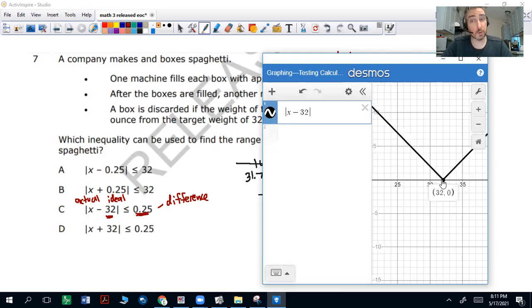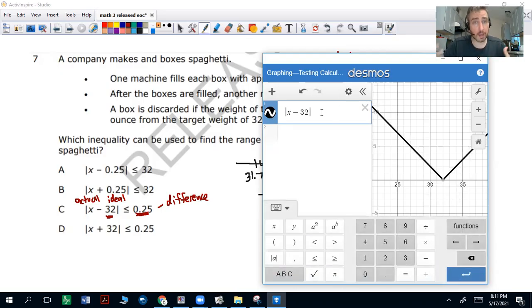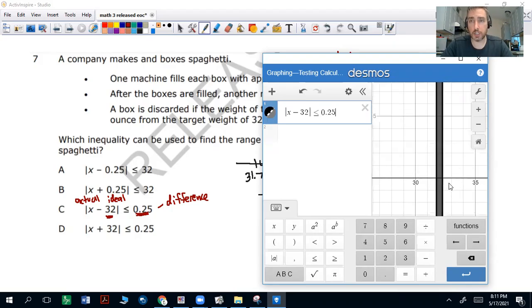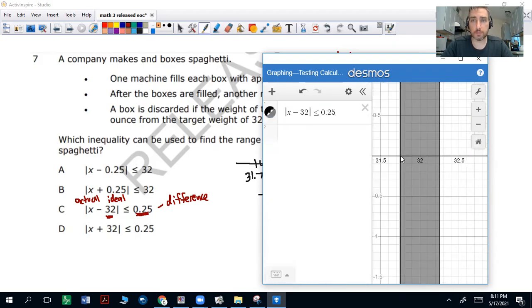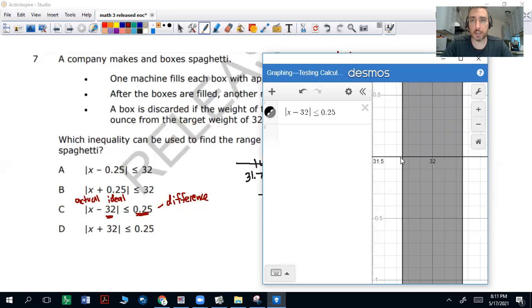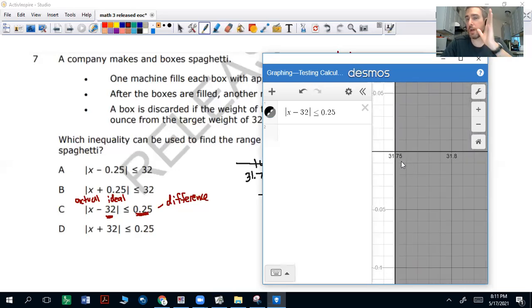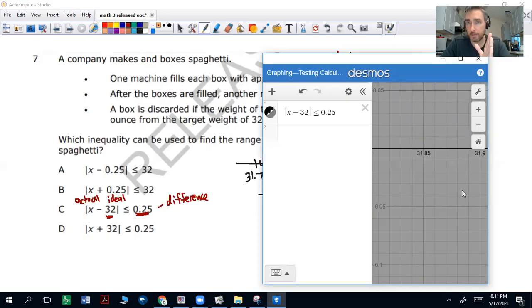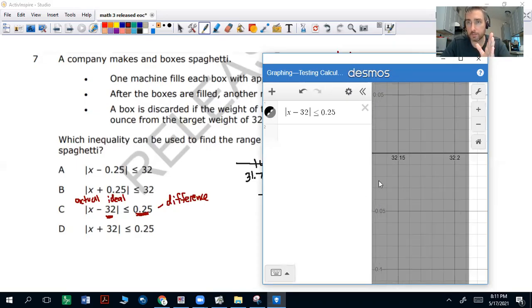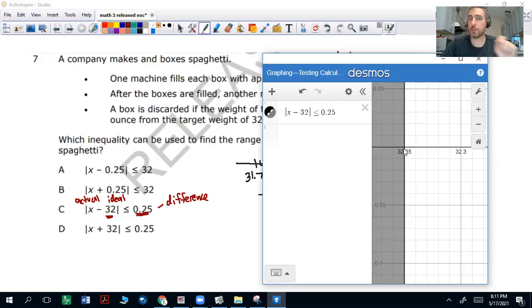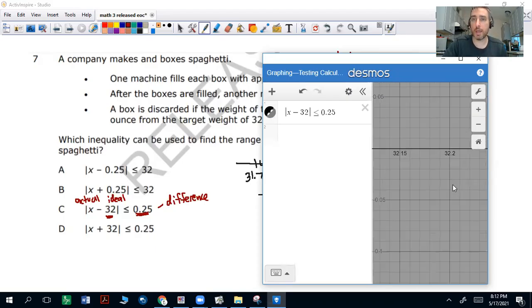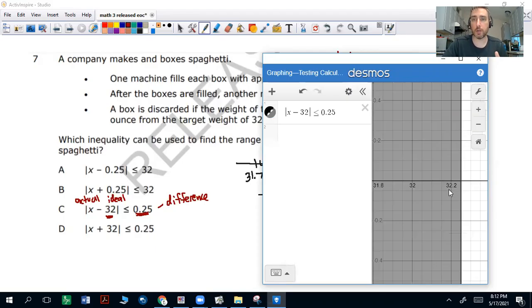So that's the graph. But now a funny thing happens if I do a less than or equal to, so I can hit this less than or equal to, and I put 0.25, I actually get a shaded boundary. And what happens is it looks like, if you zoom in a little bit, anywhere between 31.75 and 32.25 are acceptable weights according to this shaded boundary.